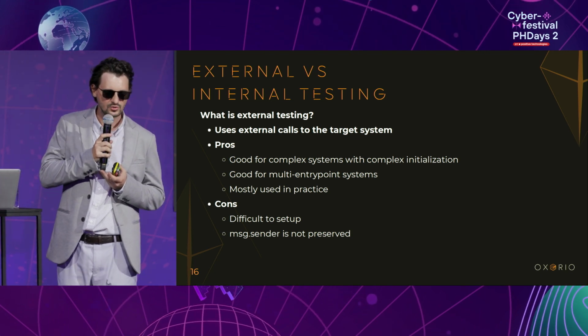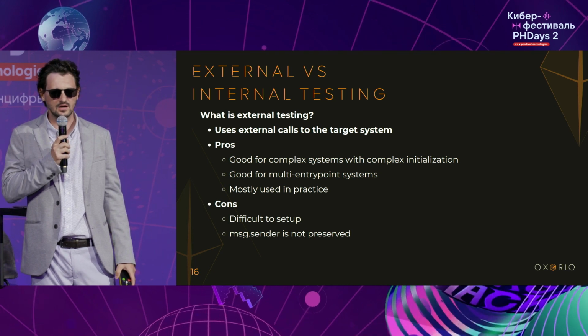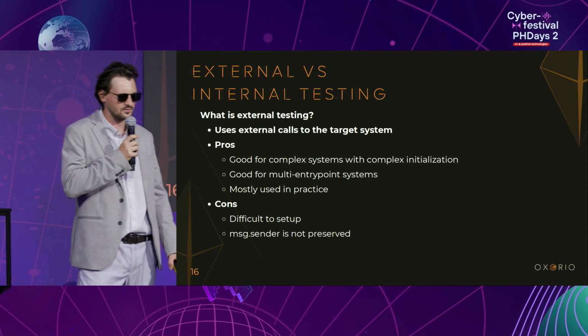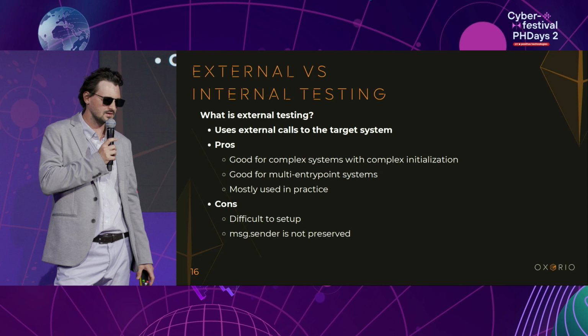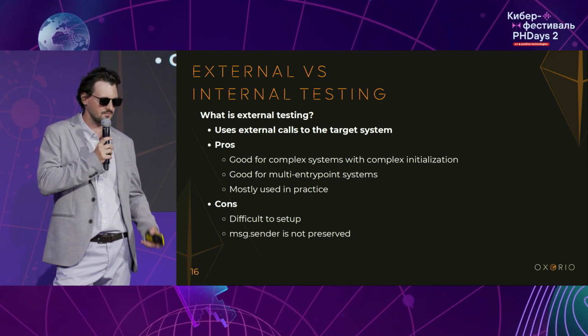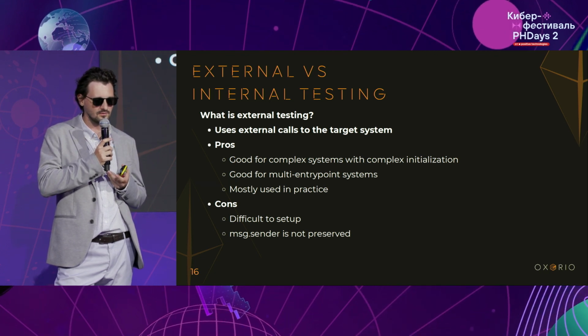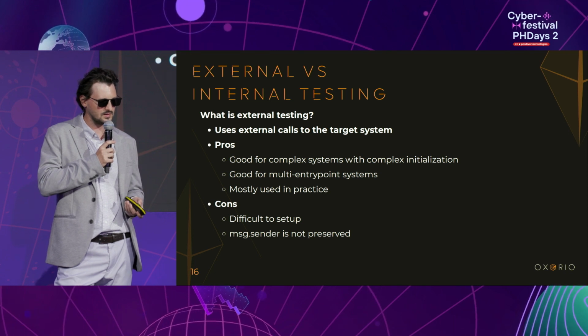External testing is suitable for larger systems, so when we don't have just one contract, but there are more contracts, different routers, and auxiliary functions are called. So we cannot just inherit from one single contract. However, these systems are a bit more difficult to set up.